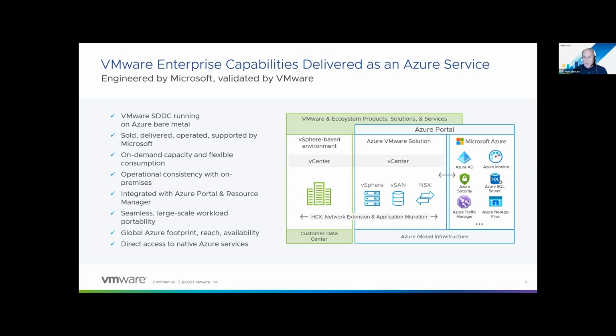It lets you preserve your skills and operational processes because it's still managed by familiar VMware tools like vCenter. It means that your IT team doesn't need to change out all of their operational processes, all their automation, all the scripting they've put hours into building. That transfers over to AVS because it is VMware running in the Azure cloud.